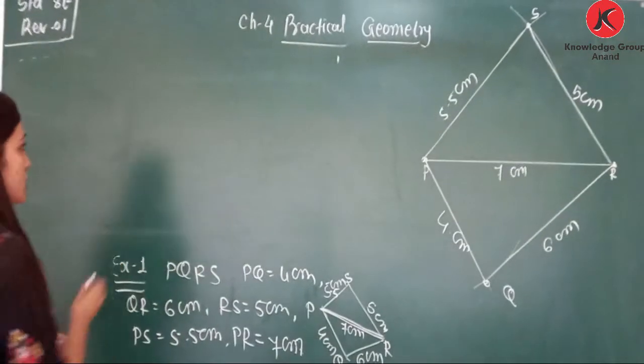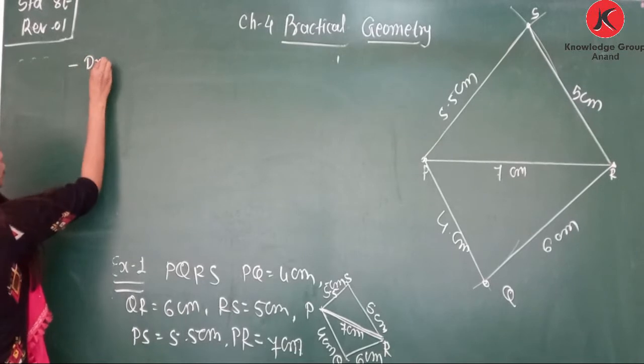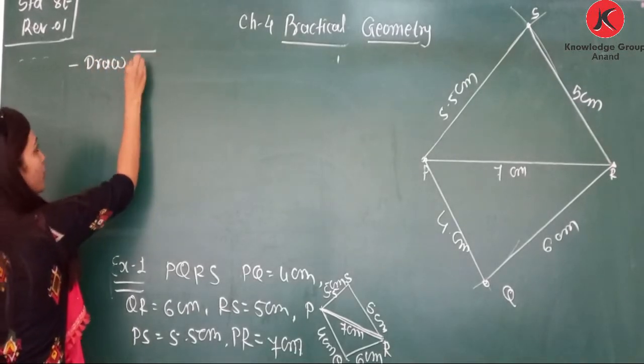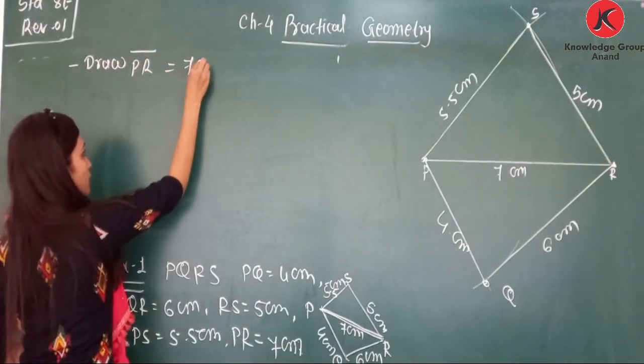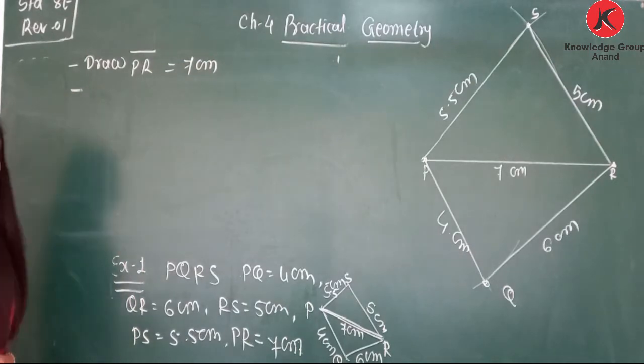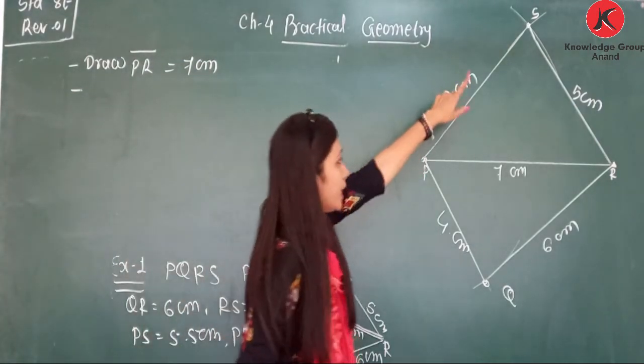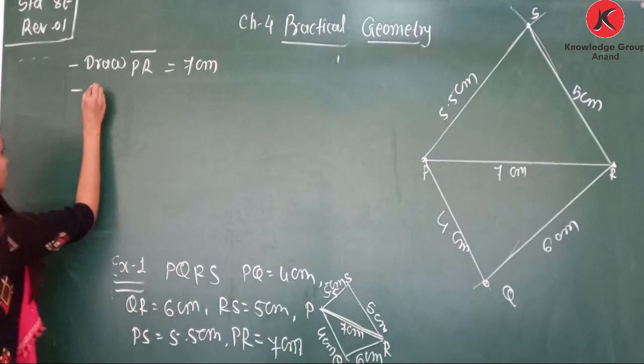So first step is draw line segment PR 7 centimeter. Then from P, make an arc of 5.5 centimeter.